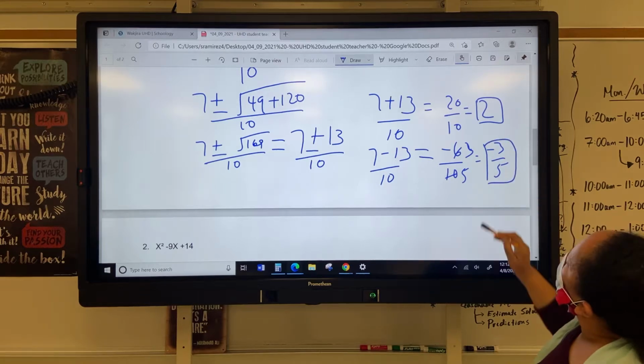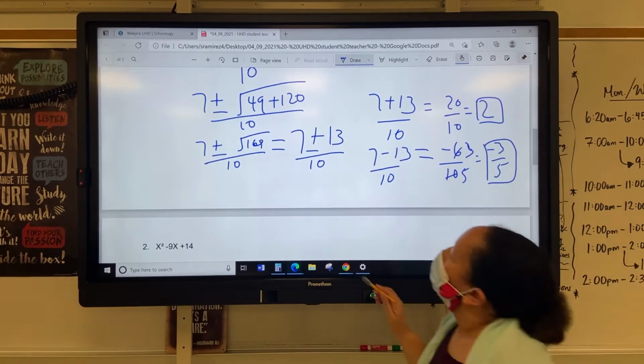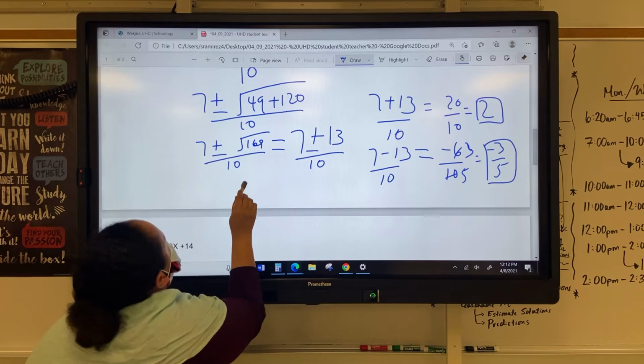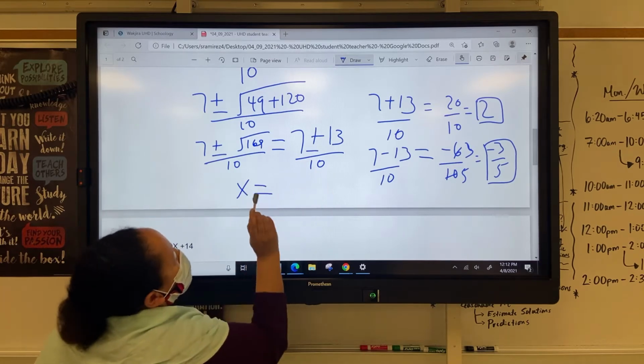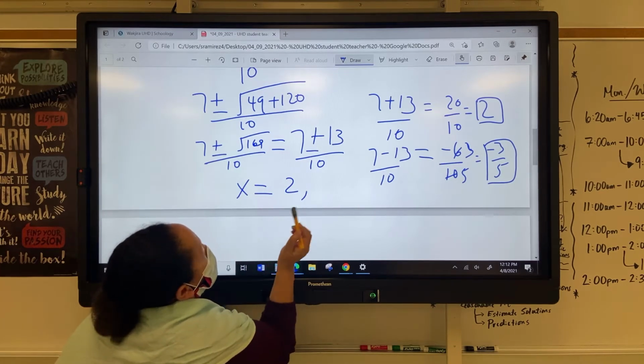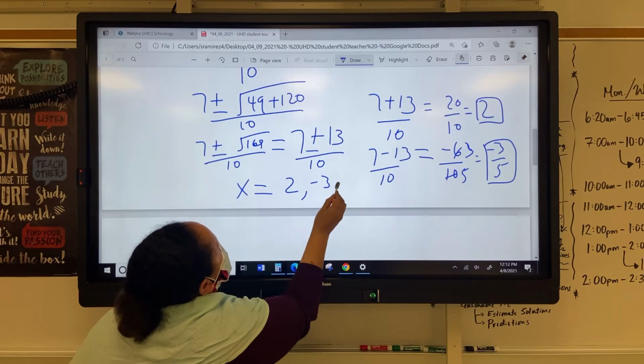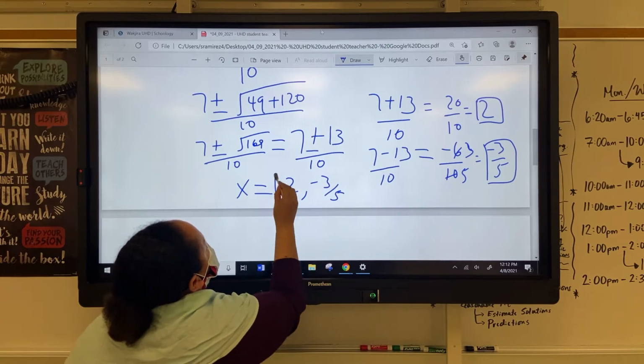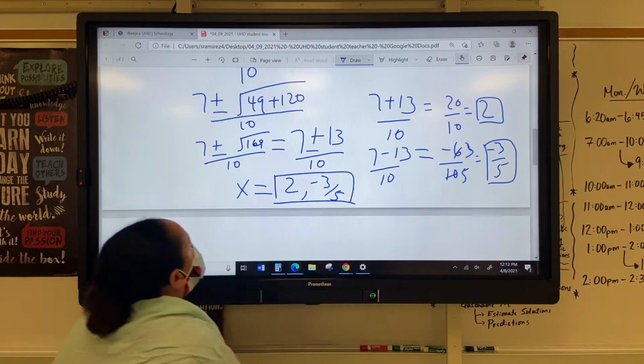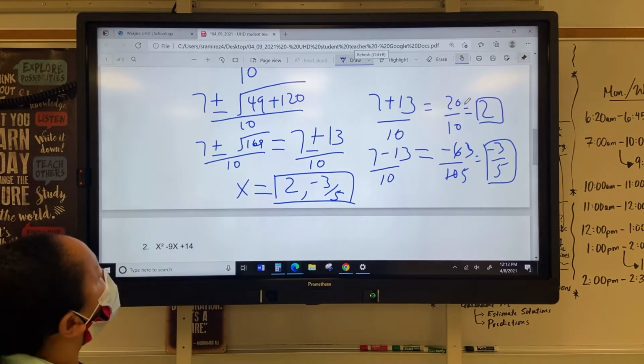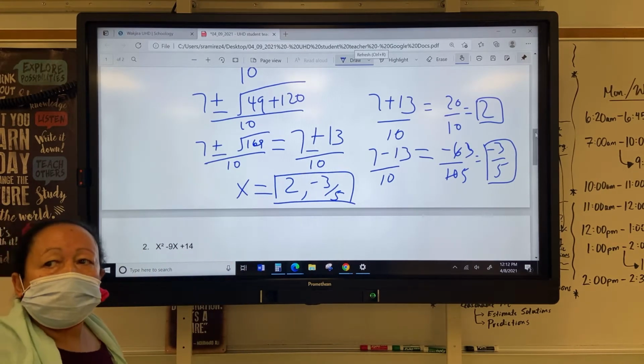So for our x, we have two answers, 2 and minus 3 over 5. So that's how you can solve your quadratic equation with the formula.